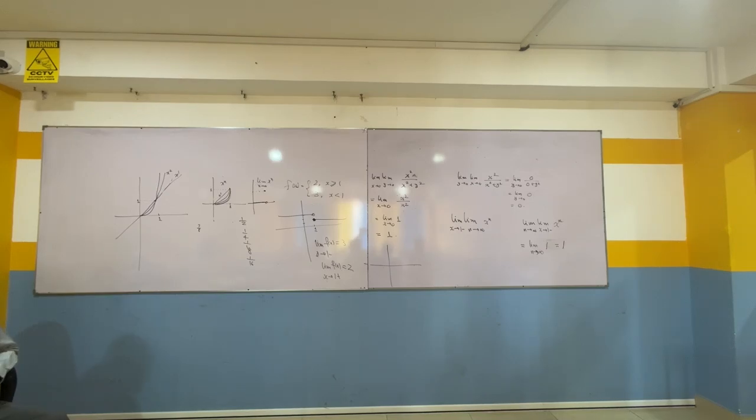So, although he has written this thing, it is not a fair one, no? Because the left hand side, when you take the limit of x to the n, n tends to infinity, depends on whether x equals 1, x greater than 1, or x less than 1. 3 answers: infinity, 1, 0.